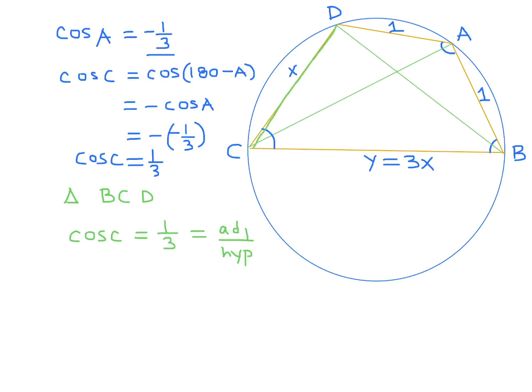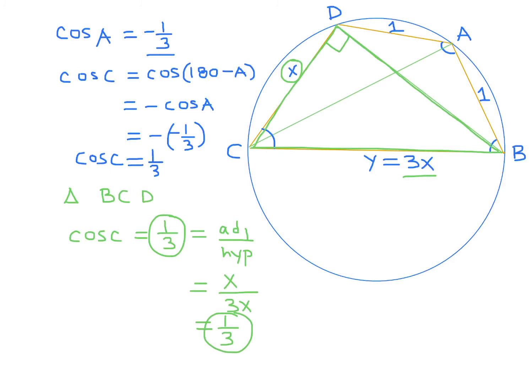Now, this triangle, we don't know yet, but let's say this triangle had a right angle right there. What would be the adjacent over the hypotenuse for angle C? The adjacent would be x, and the hypotenuse would be 3x, which would be 1/3, which is exactly what it is.